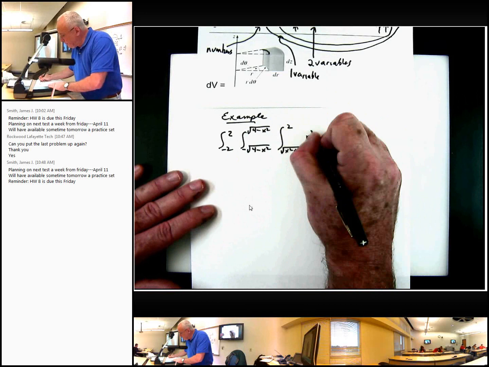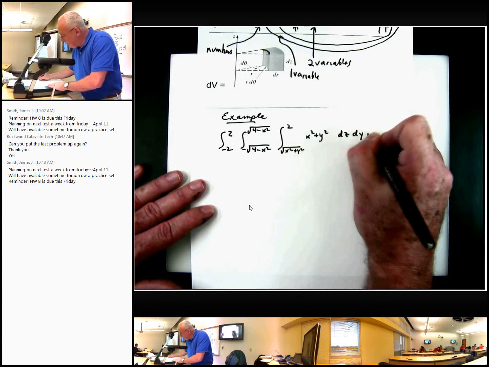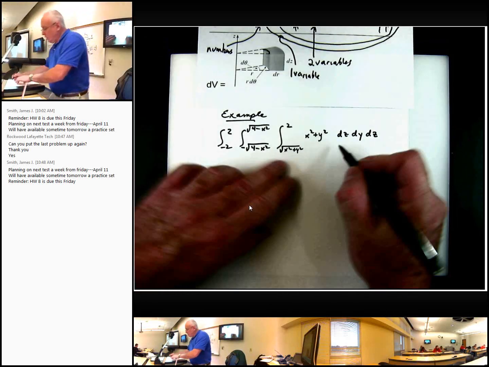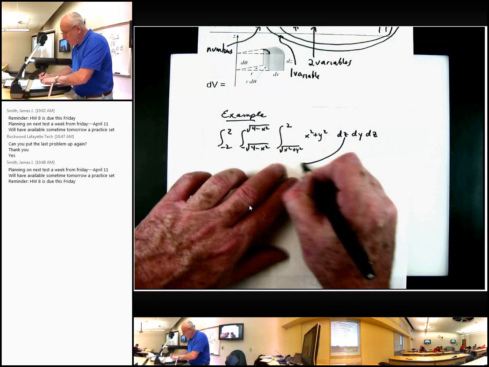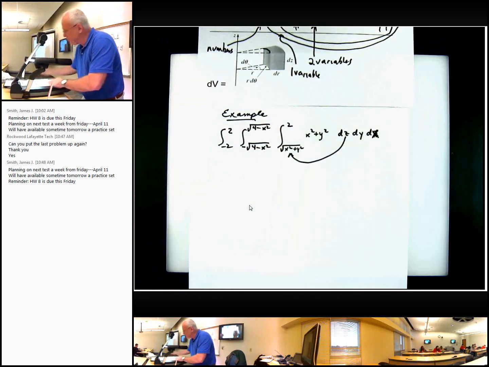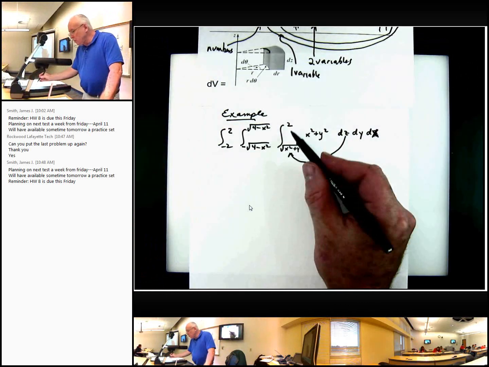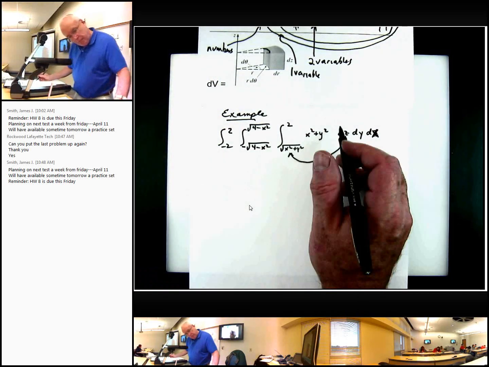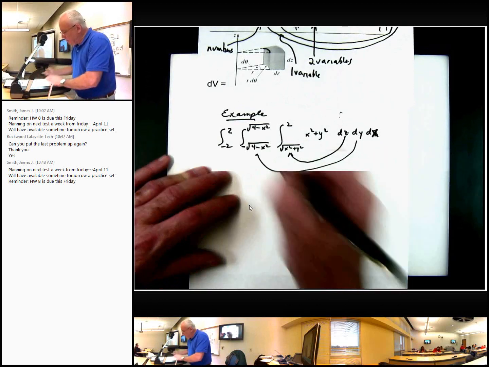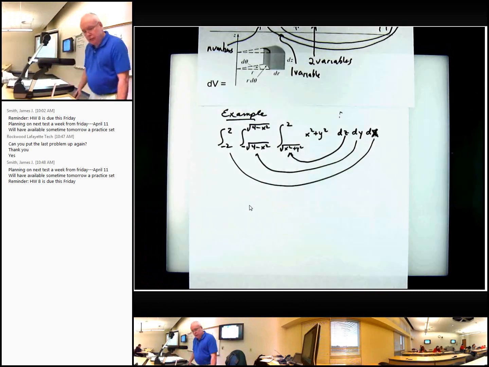The function that we're integrating is x squared plus y squared, and here are our rectangular coordinates. So we're integrating z from the square root of x squared plus y squared to 2. y goes from minus that radical to positive. x is going from -2 to 2.